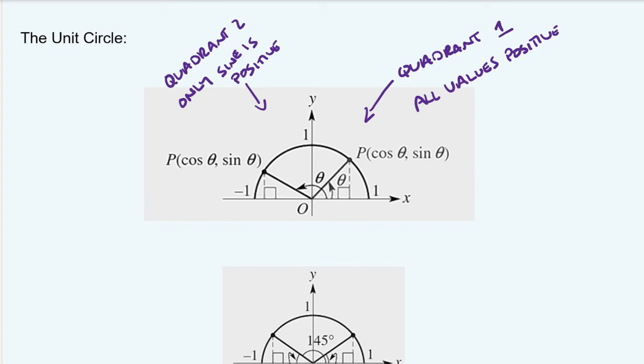Okay, so we use that unit circle and we call it a unit circle because the hypotenuse is the value of 1. That line, that hypotenuse, has a value of 1, so 1 unit.